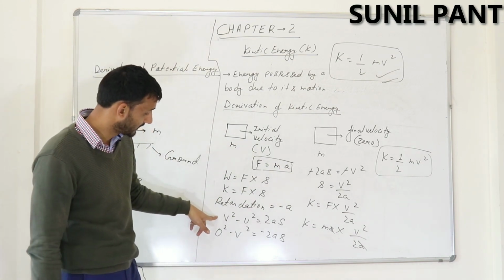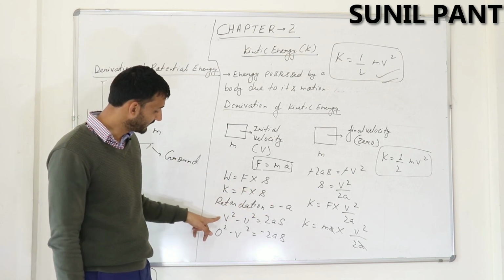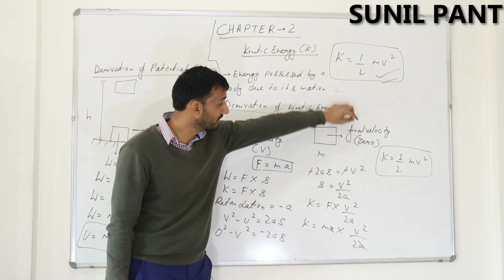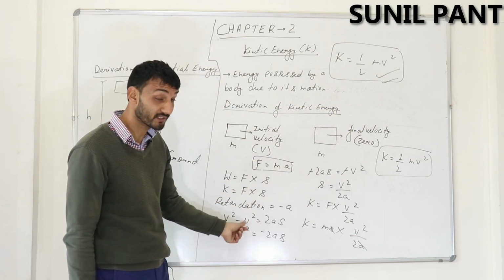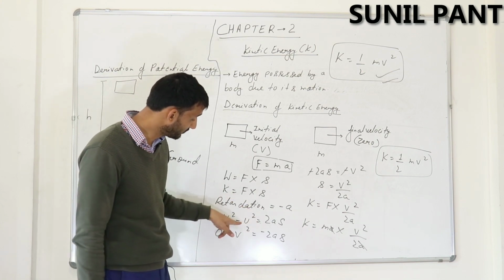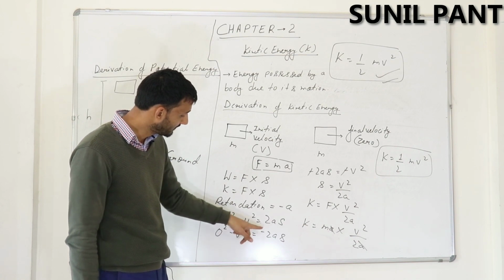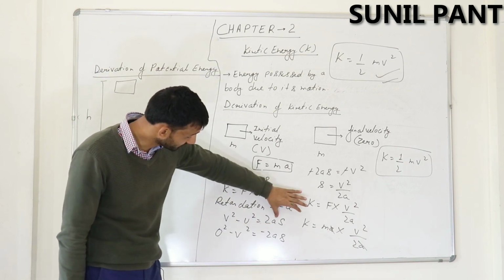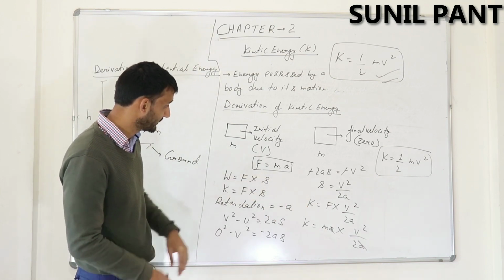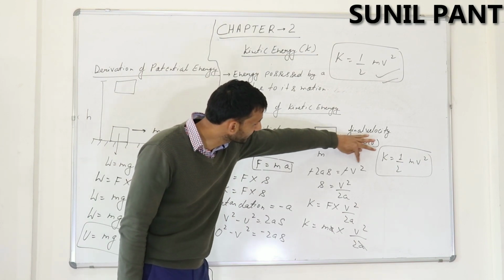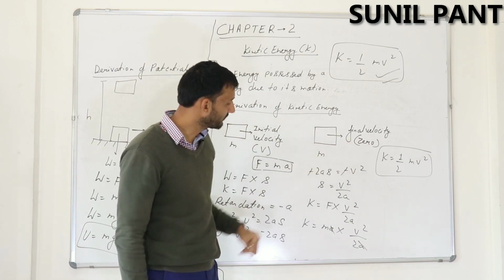We know the equation of motion v square minus u square equals 2as. Here v means final velocity, which is 0, and u means initial velocity, which is v. So it becomes 0 square minus v square equals minus 2as, because of the negative acceleration. So minus v square equals minus 2as. The negative goes off, and s equals v square upon 2a.